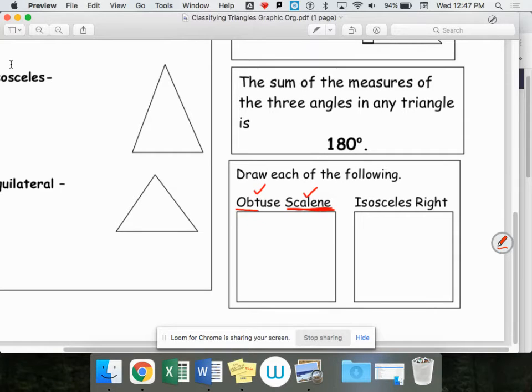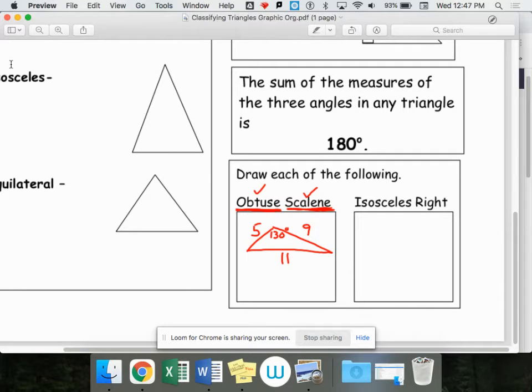And one of the angles has to be greater than 90. That makes it obtuse. So I'm going to start by making sure that I have a great big angle. Okay. And just connect and make my triangle. And I'm going to say this is 130 degrees. This is 11. This is 9. And this is 5. Okay, so that would fit the definition of being both obtuse and scalene.